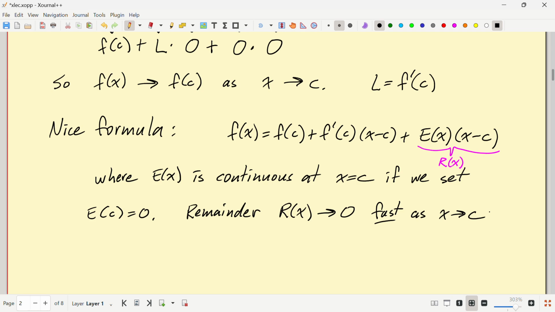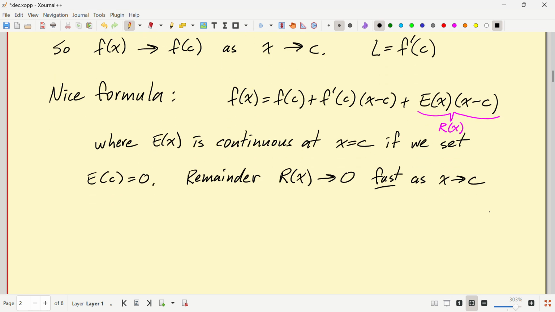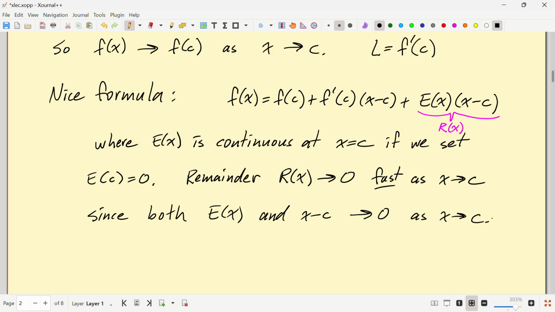So it goes to 0 extra fast, since both E of x and the other term, x minus c, tend to 0 as x tends to c. Okay, so that's an important fact to know.